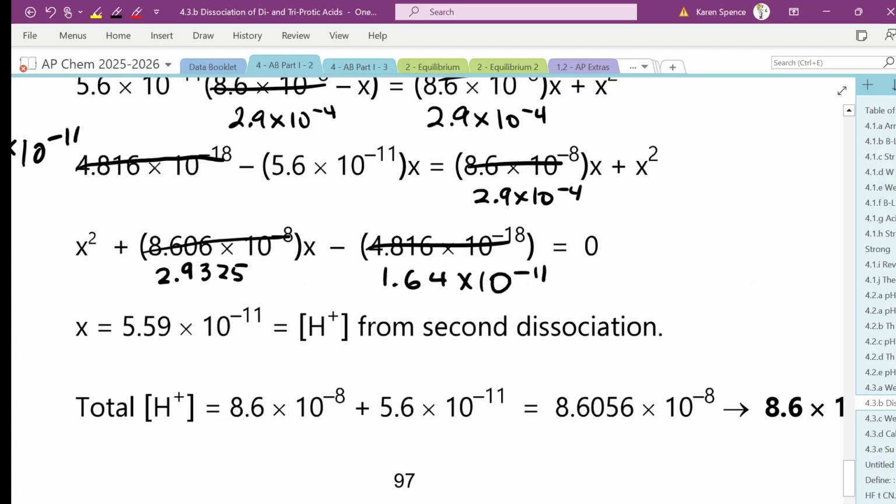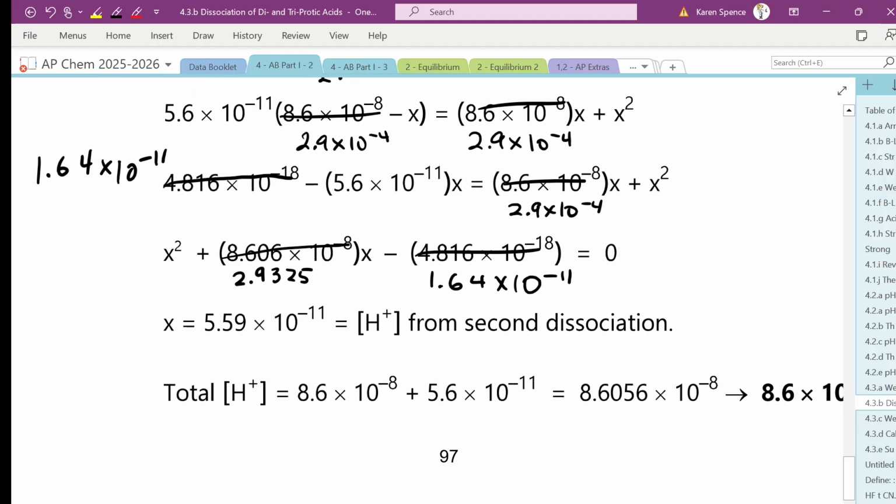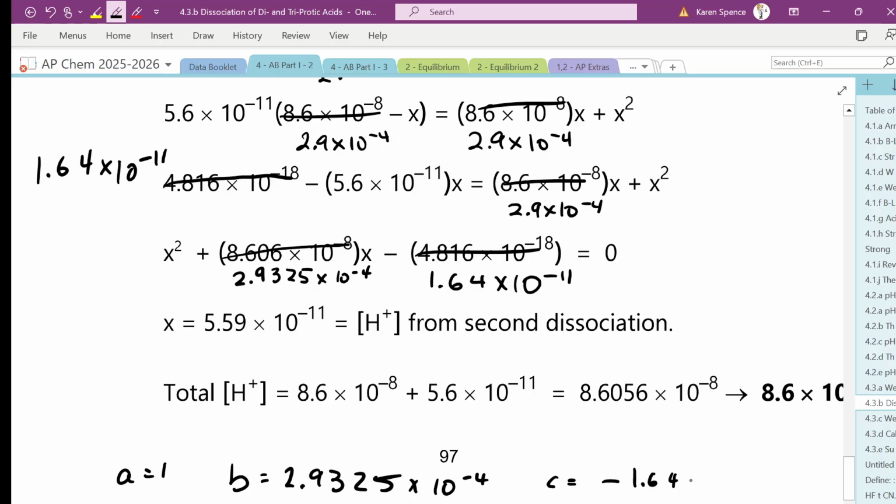Anyone have a quadratic formula calculator they can toss? A equals 1, B equals 2.9325 times 10 to the minus 4, and C equals negative 1.64 times 10 to the negative 11.